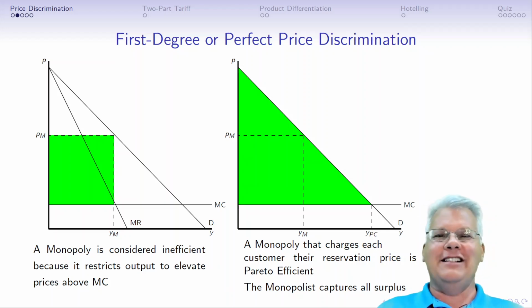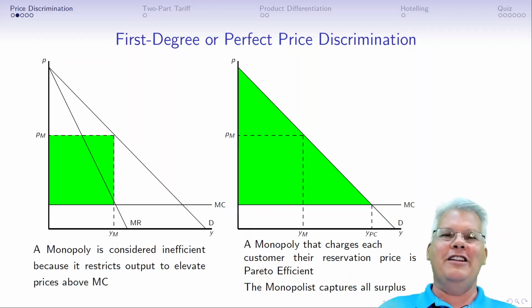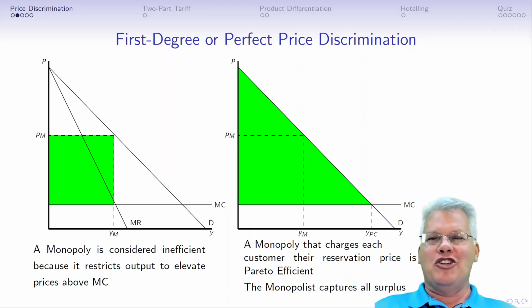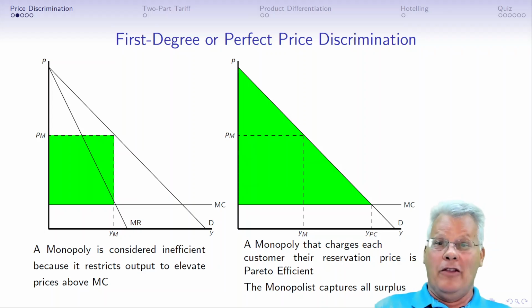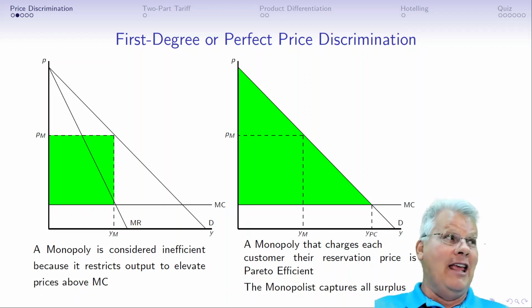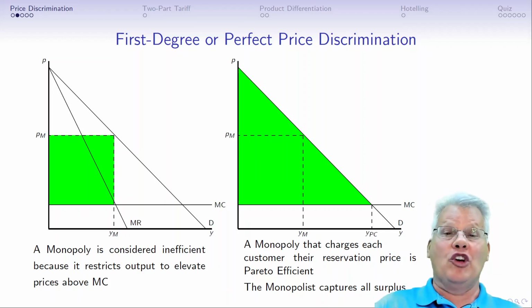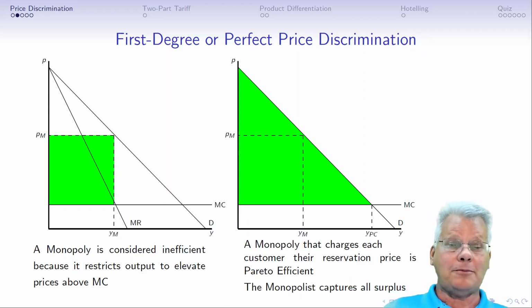I can think of one example of perfect price discrimination that would be very relevant. At the risk of getting in trouble, I would submit that at private universities, the process of financial aid is in essence perfect price discrimination, or first degree price discrimination.